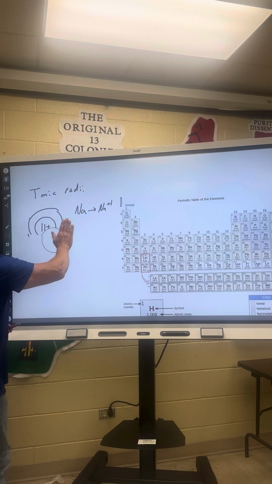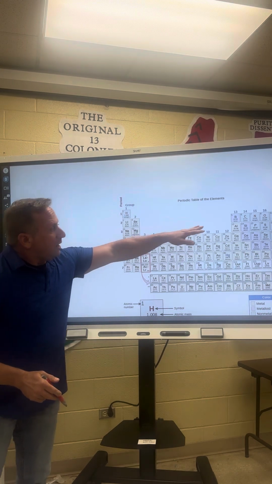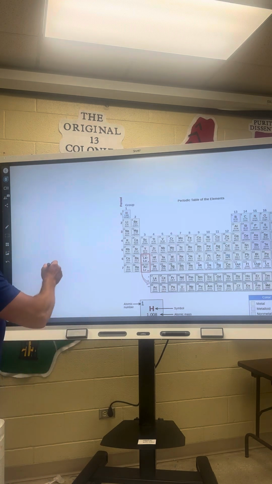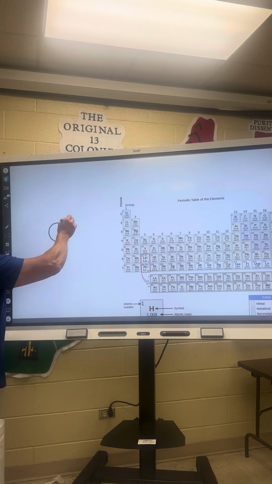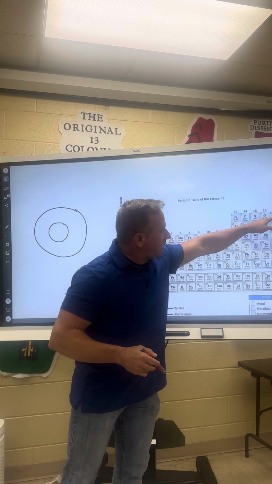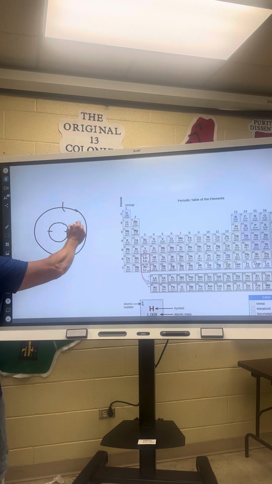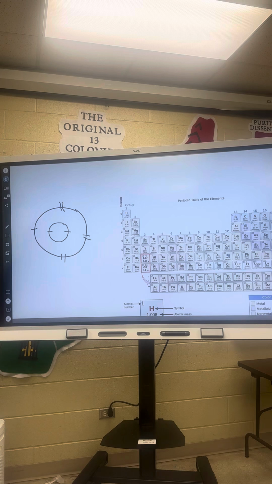Okay, now the other one that's not as obvious is, let's say, fluorine. Fluorine has 1, 2 energy levels, 2 electrons on the first, 1, 2, 3, 4, 5, 6, 7 on the second.